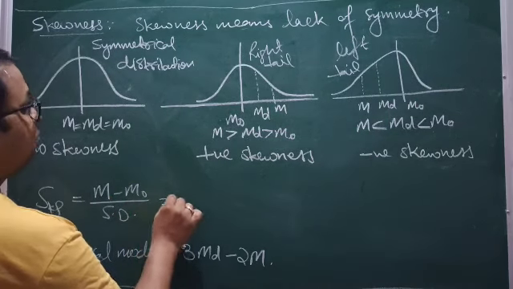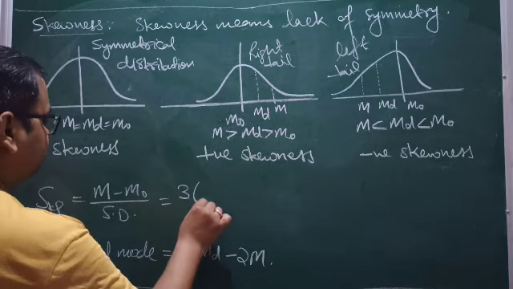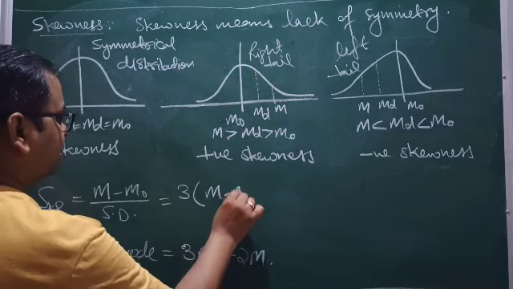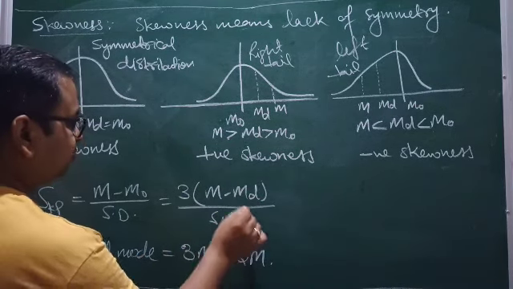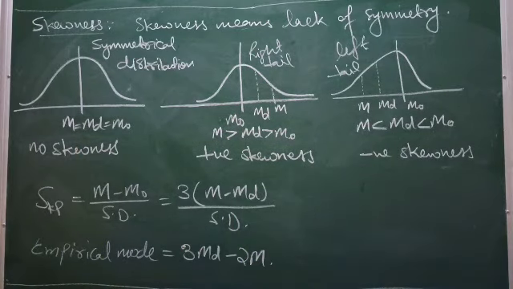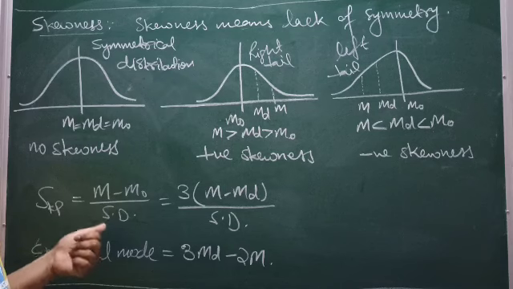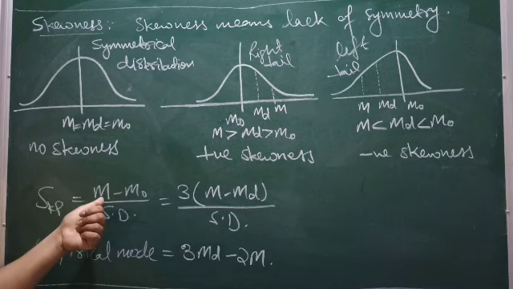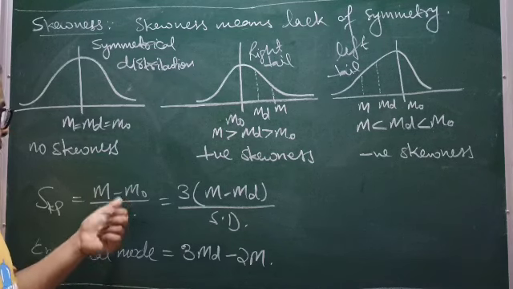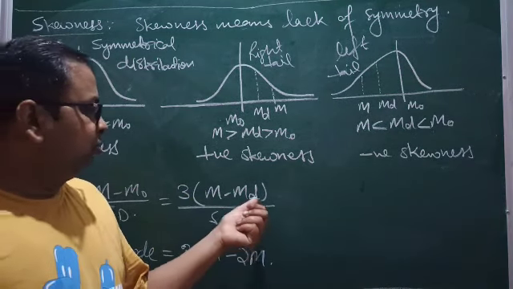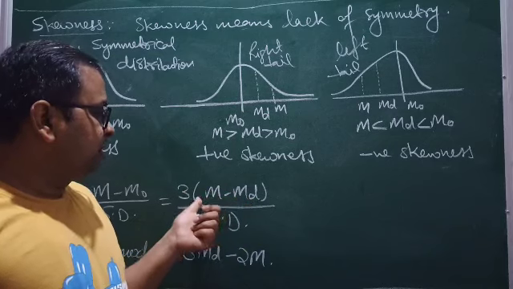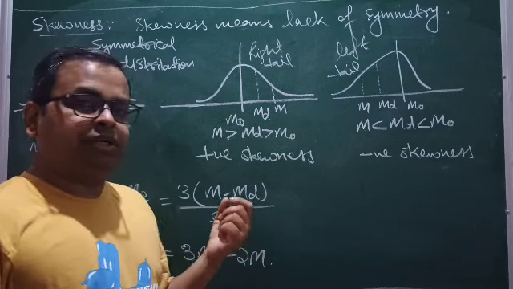So this formula can be written as 3 times mean minus median upon standard deviation. Okay. So if in the question the given values are mean and mode, we can use the first formula. If the information is given with the help of median, we can use this formula, 3 times mean minus median upon standard deviation.